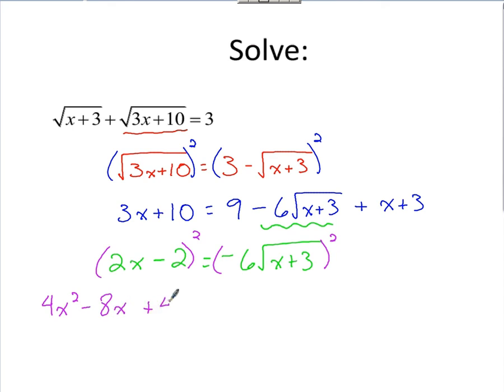Square the negative 2, get plus 4. That's going to equal, got the negative 6 I'm squaring, so 36. The root we're squaring, leaving us with x plus 3 as a quantity. All right, distribute the 36 through.